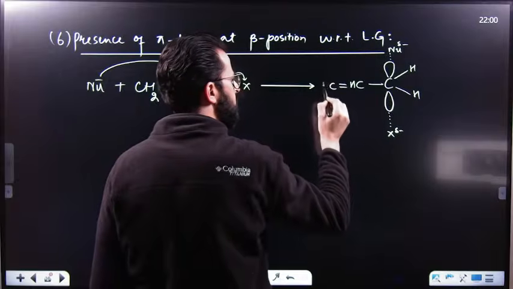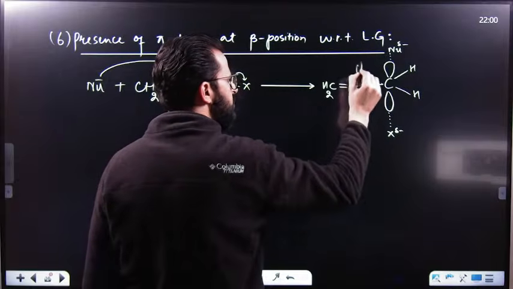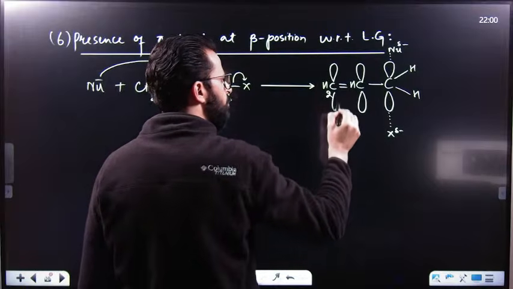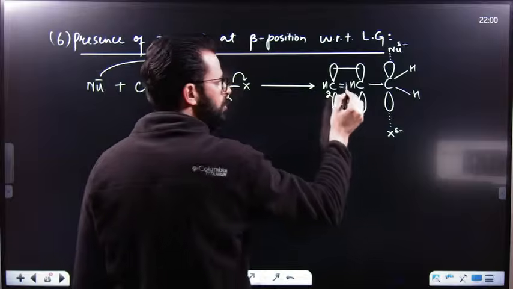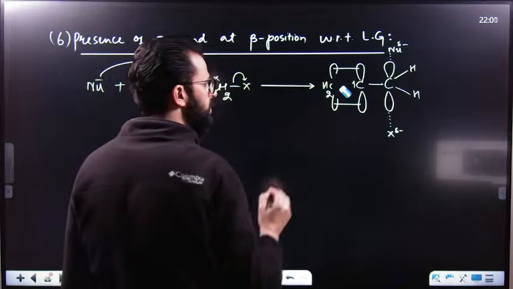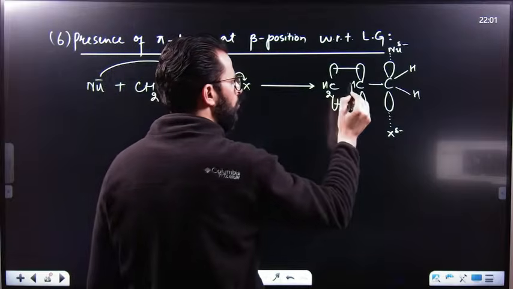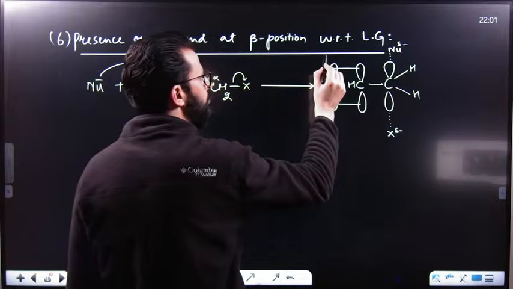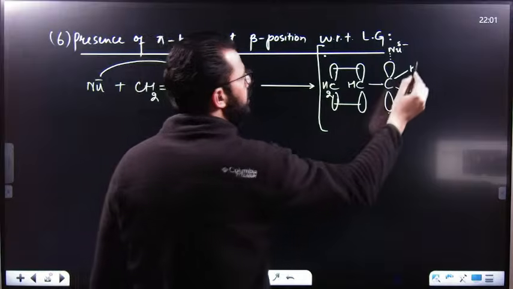What is meant by CH double bond CH2? That means this orbital and this orbital have overlapped. So I can remove this double bond and show the overlap over here. So these orbitals have overlapped together. This is what we call our transition state.